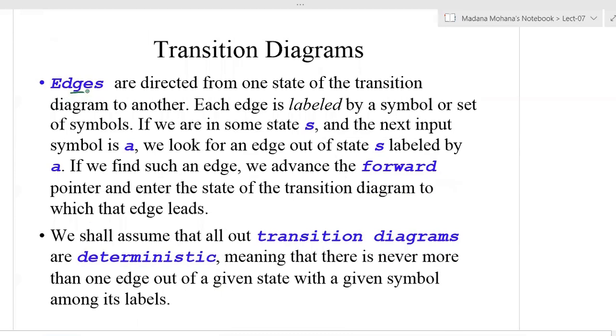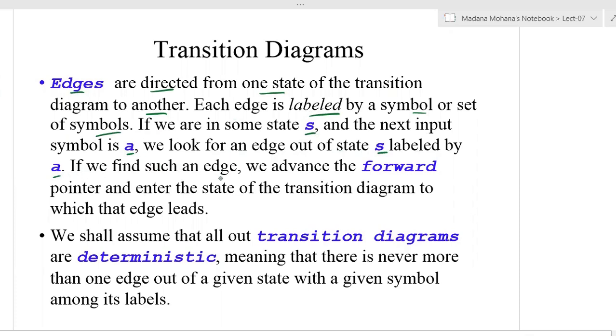Edges are directed from one state of the transition diagram to another. Each edge is labeled by a symbol or set of symbols, that means one input or more than one input separated with commas. Suppose we are in some state s, and the next input symbol is a. Then we look for an edge out of state s labeled by the input symbol a.